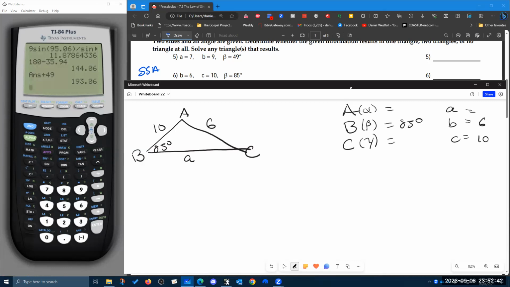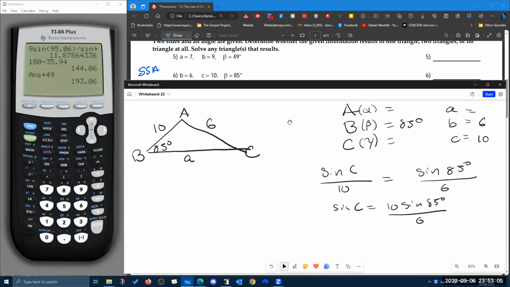So I want to now solve for C. Sine C over C equals sine B over B. So sine C equals 10 sine 85 divided by 6.